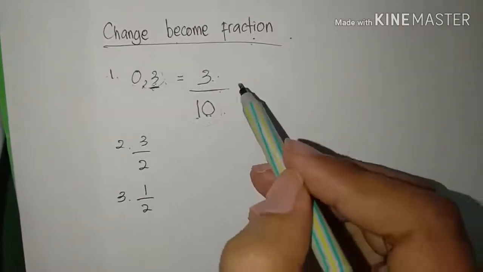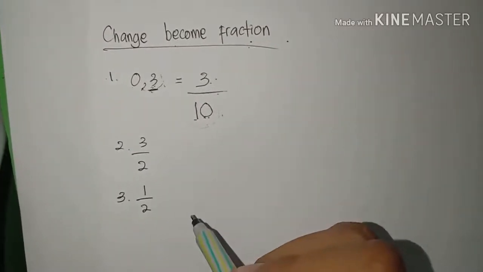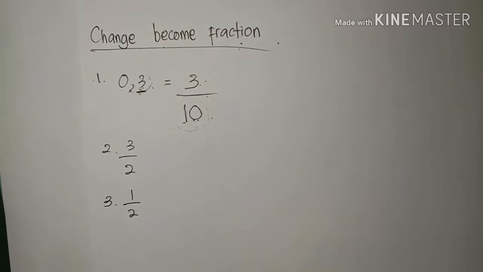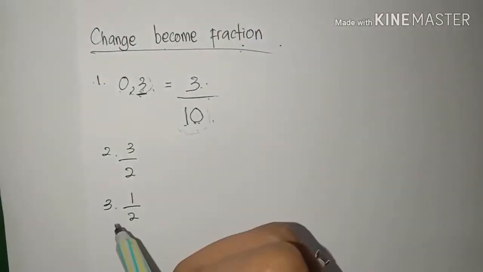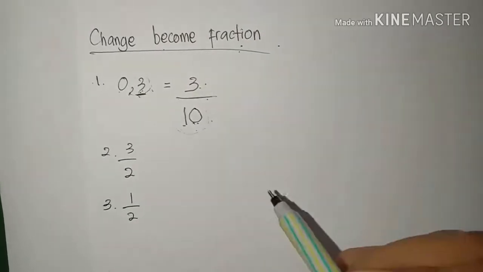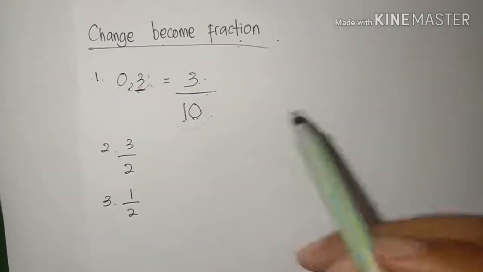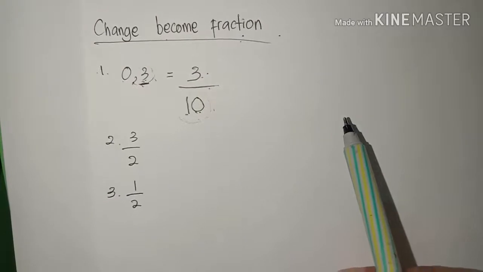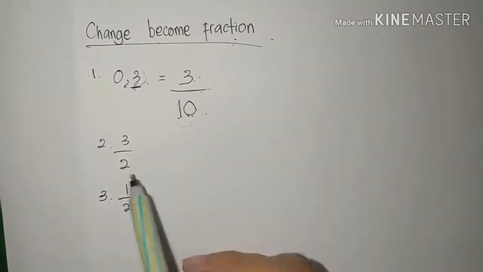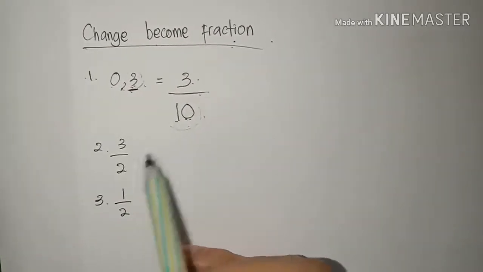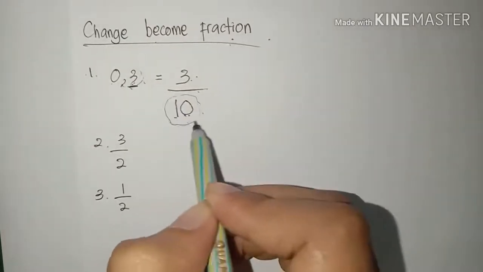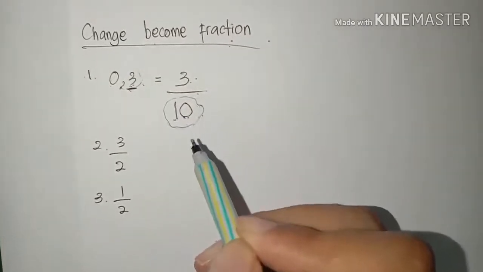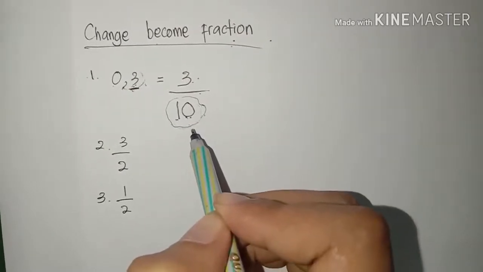Now, how to arrange for this type, for fraction? You cannot directly arrange because the denominator of these fractions is different. That is the denominator, or in bahasa is penyebut.